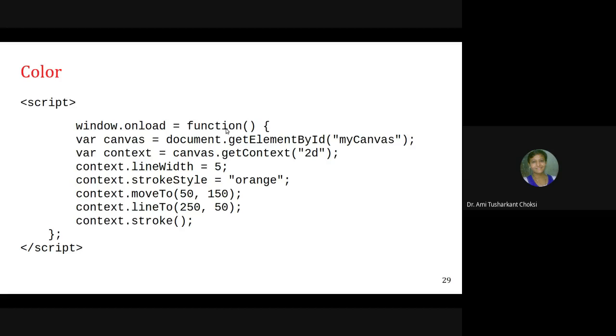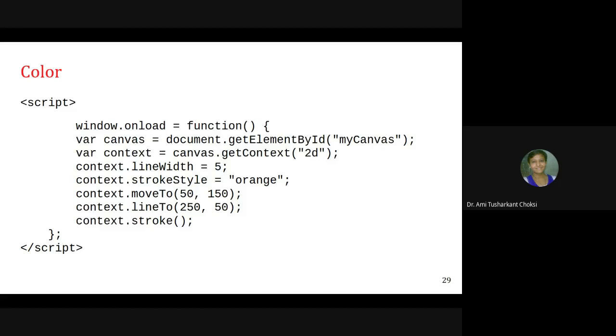What we were doing till now: variable canvas is equal to document dot getElementById of myCanvas. It is also same. Variable context, that is equal to canvas dot getContext, that is we are providing 2D to it. That also is same.